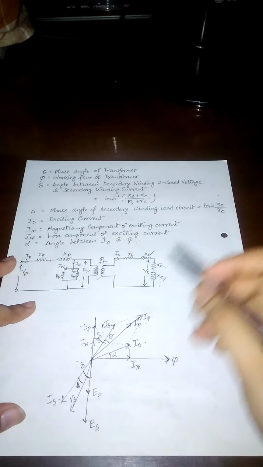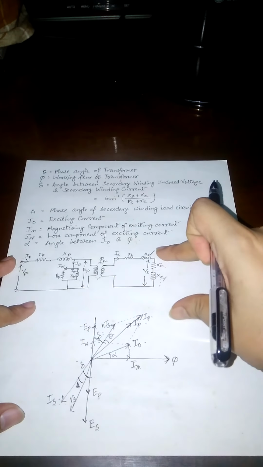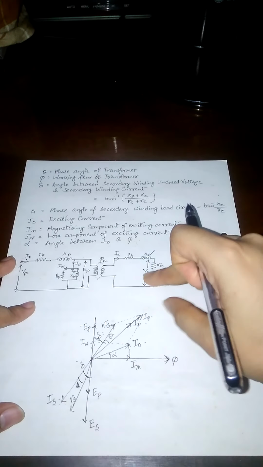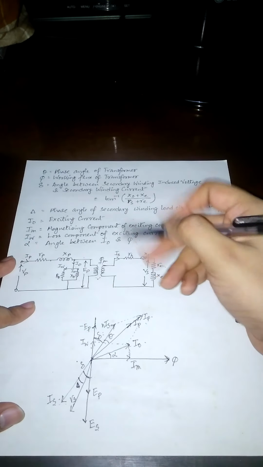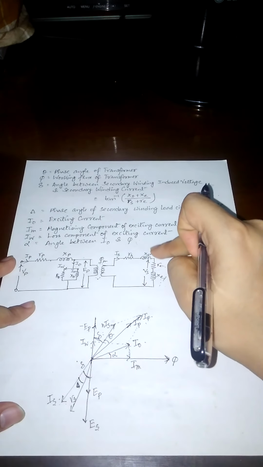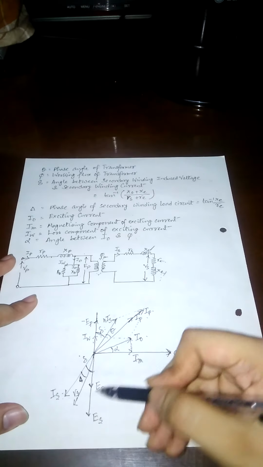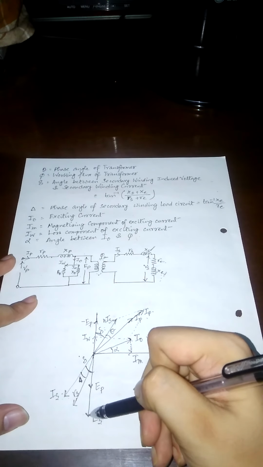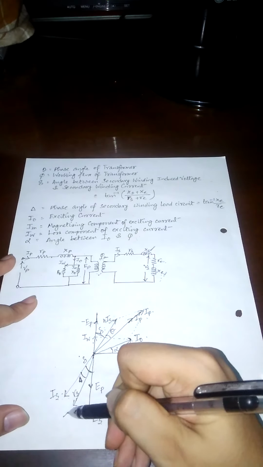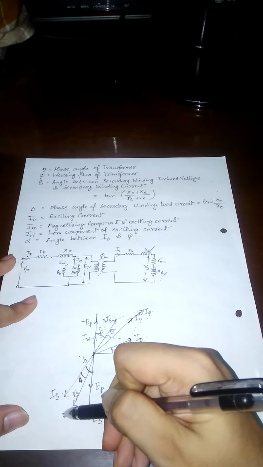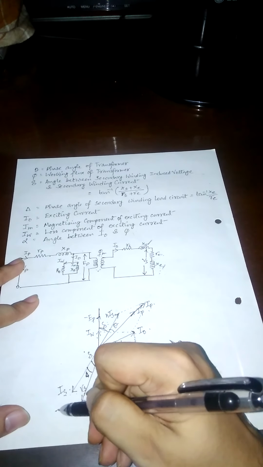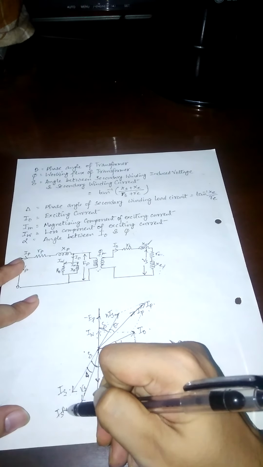Now when we consider the secondary winding terminal voltage, it comprises the secondary winding induced voltage Es and these drop factors. So we have to consider the drop. This is Es, this is Vs, and obviously this is a phasor, that is Is Rs.